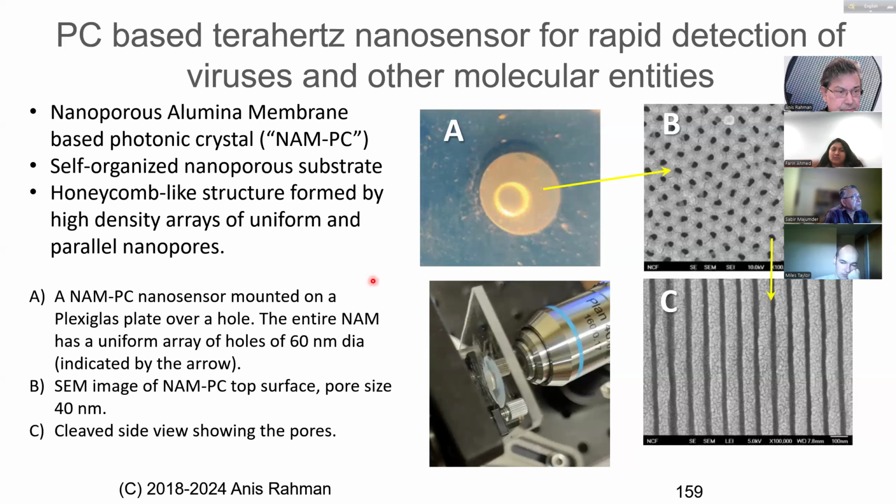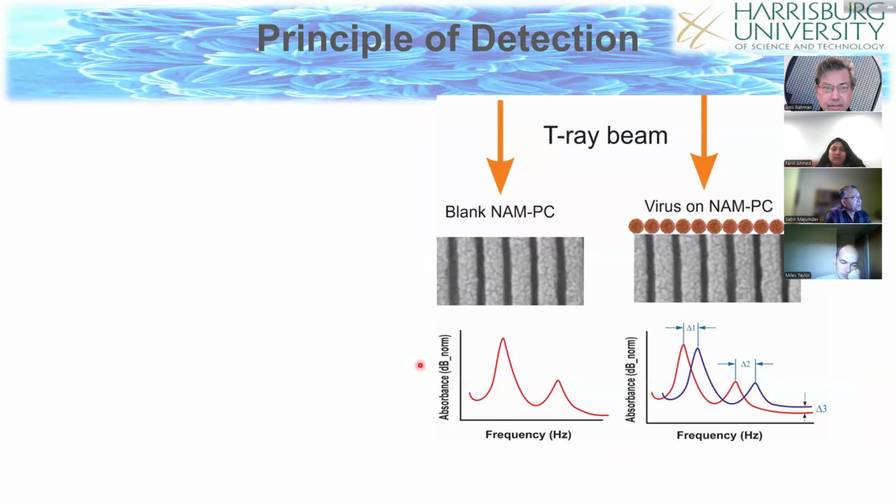The principles are explained in the next pictures. Basically, if you take this blank one, it has a frequency characteristic. We are talking here about eigenfrequency analysis, as we described before. But when some molecules are attached on the blank, there is a shift.